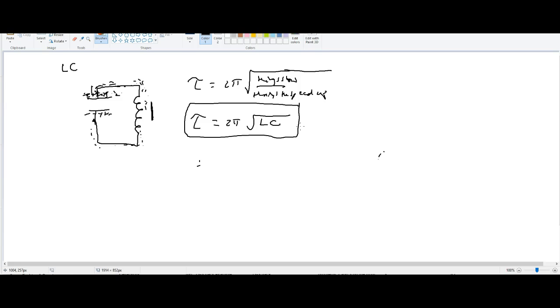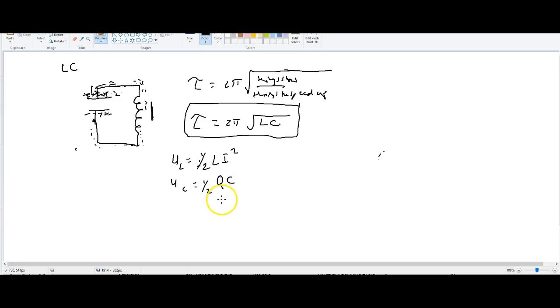Okay, so now the question is, what else have we got here? Well, we also know, by the way, whenever we're dealing with oscillators, we prefer to deal with energy. So the energy of an inductor is 1/2 L i squared, and then the energy of a capacitor is 1/2 QC, I think.